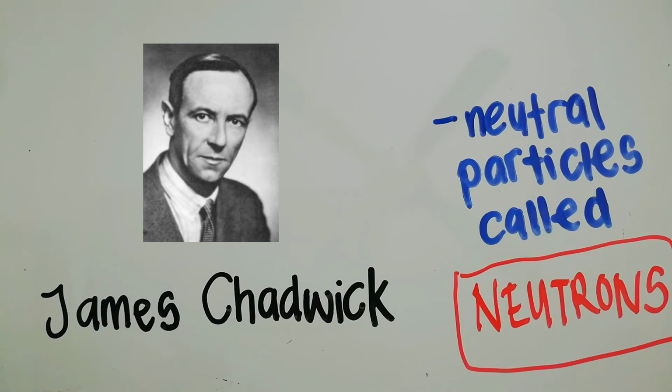The last one is James Chadwick, who stated that there are neutral particles called neutrons in the nucleus. Actually, neutrons had been suggested by Ernest Rutherford, but he could not prove that there are neutral particles in the nucleus. After that, James Chadwick could prove that there are uncharged particles called neutrons.